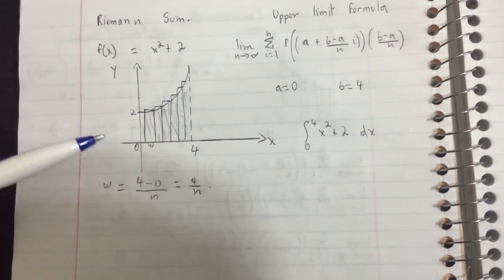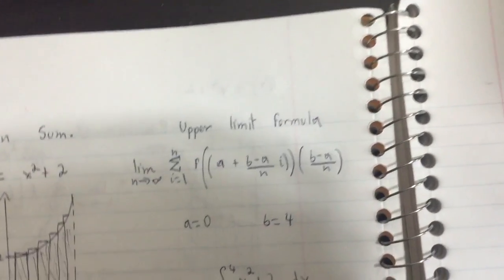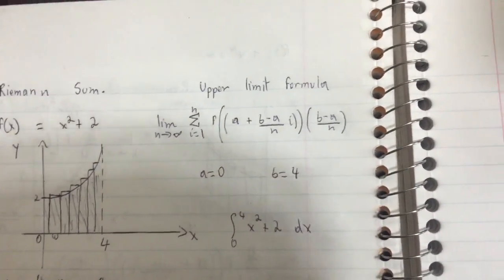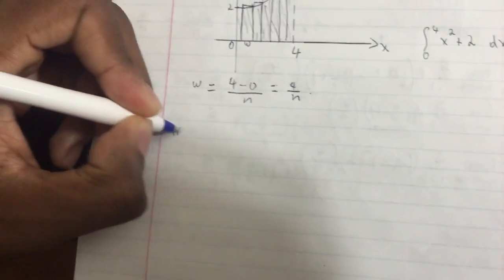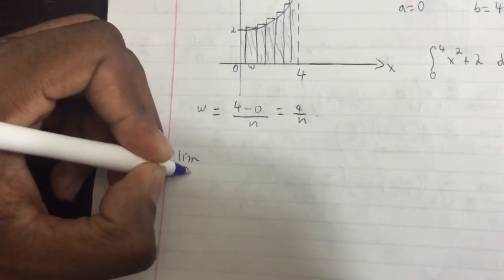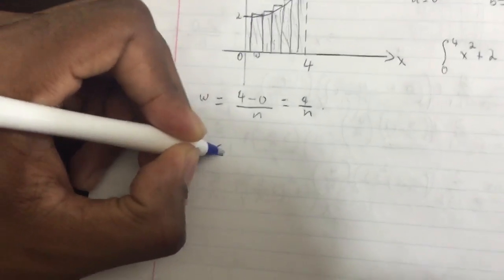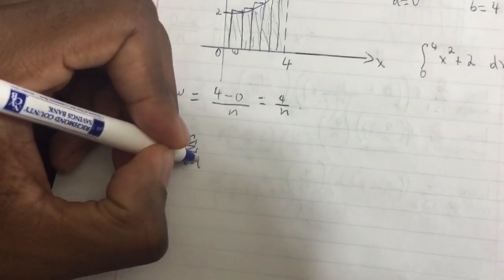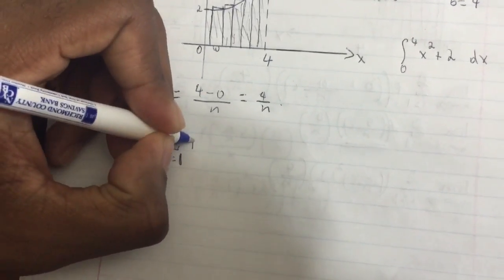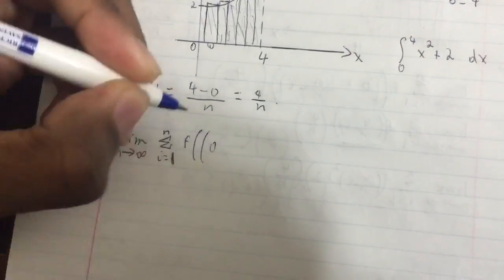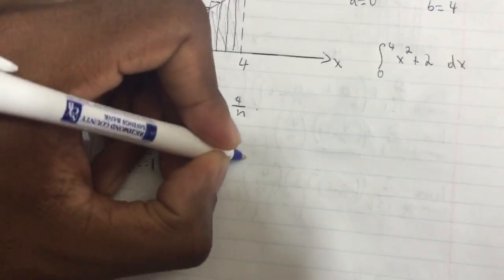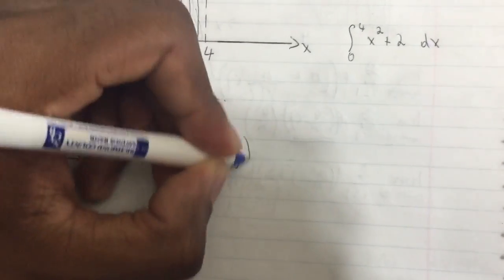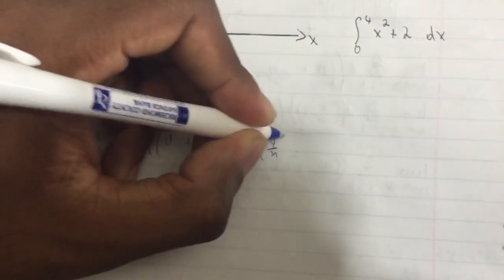Now we can plug that into our upper limit formula. It's going to be the limit as n approaches infinity of the sum from i equals 1 to n of f of 0 plus 4 minus 0 over n times i, let's not forget our i, times 4 over n.